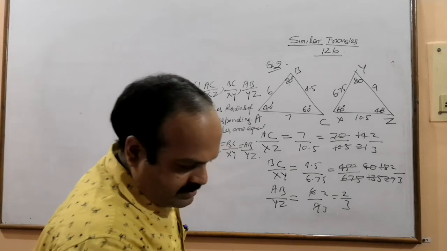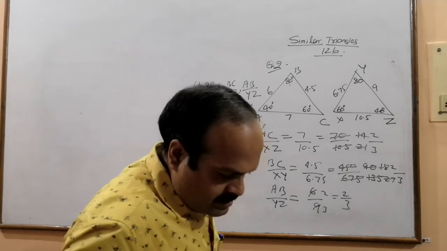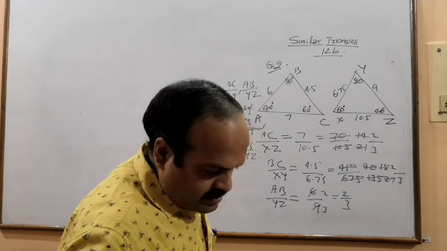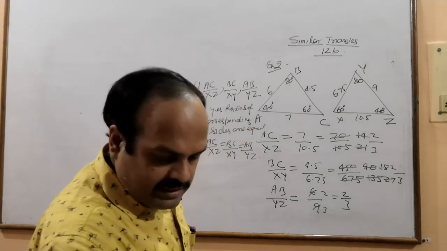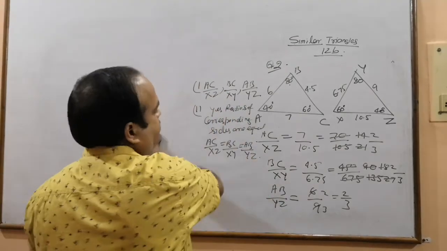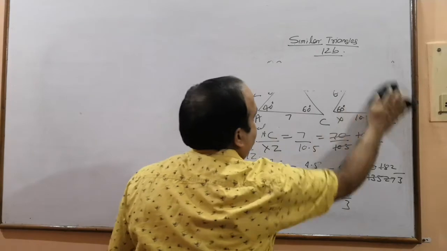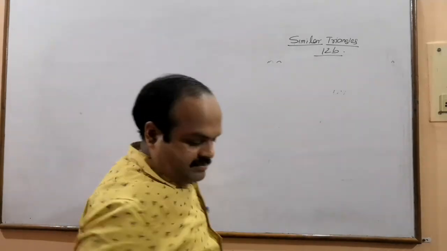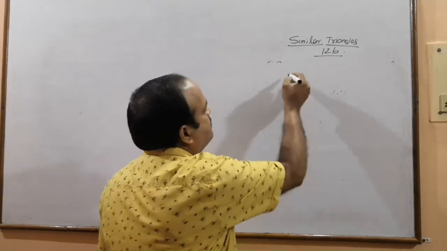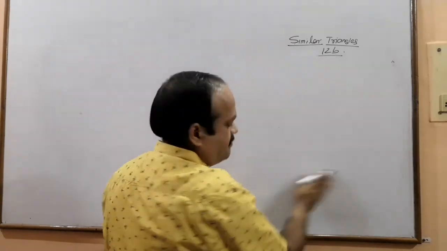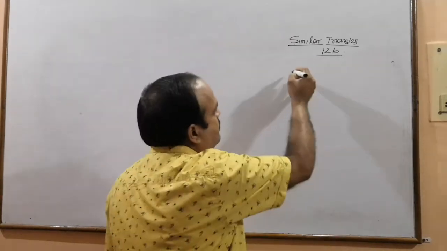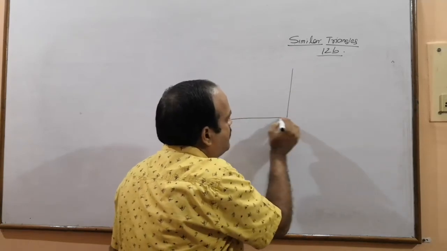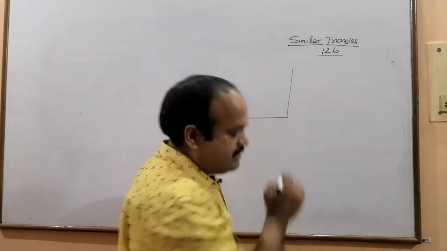Second one, let's do second. Draw the diagram. What do we have? Two triangles.